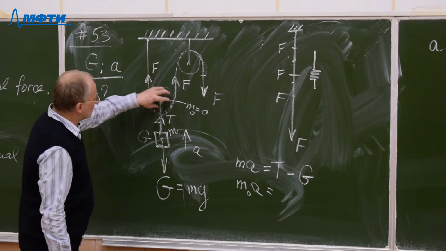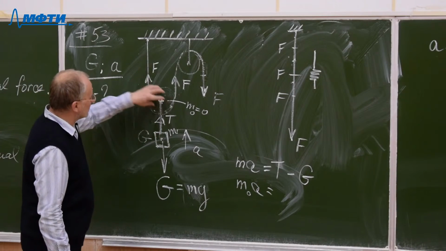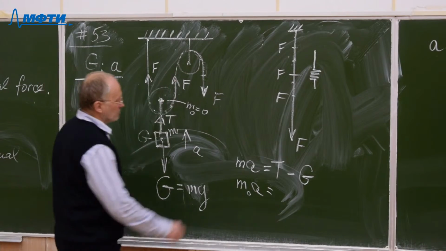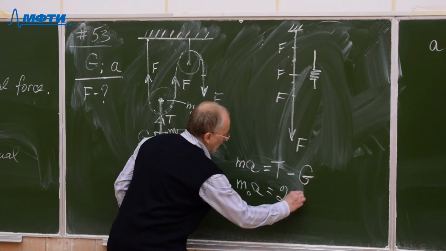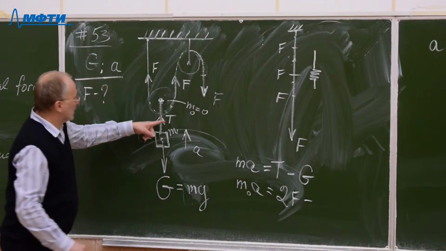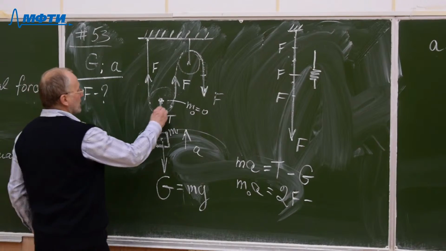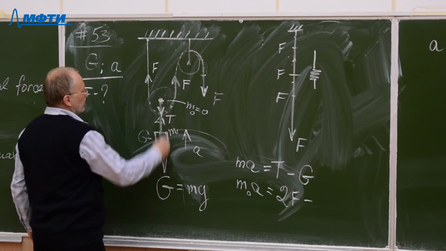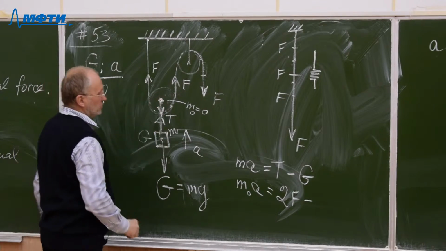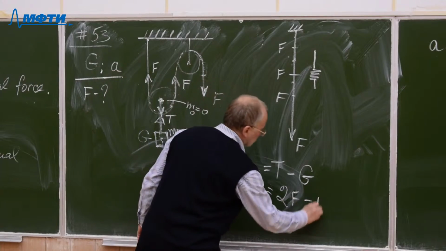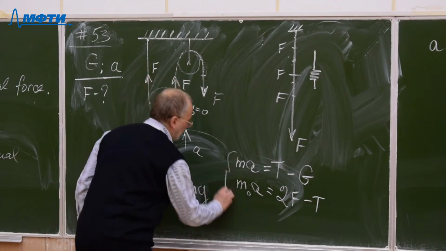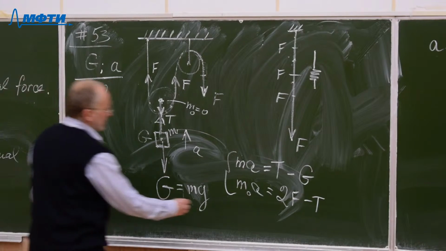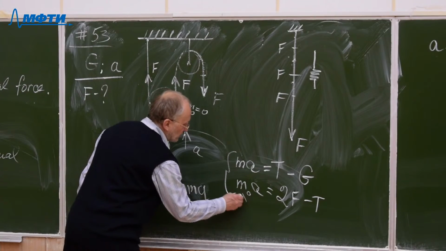And now the forces, the net force acting on this body. Two forces F acting upward and one force T acting downward, because the string, which is here, pulls down the pulley, minus T. And we know that m0 is very close to 0.